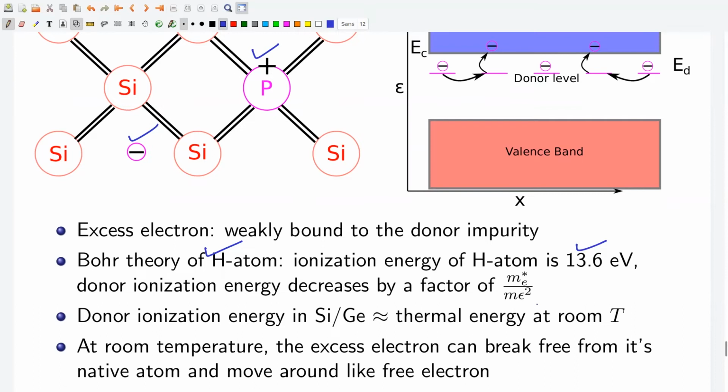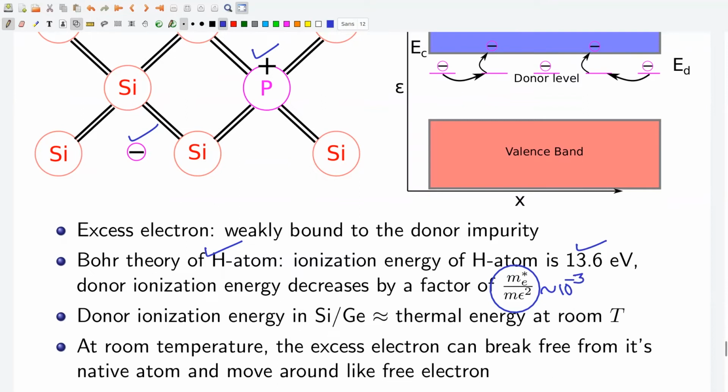Donor ionization energy reduces by a factor of me star divided by m times epsilon square. In a semiconductor crystal like silicon or germanium, this factor is almost 10 power minus 3.